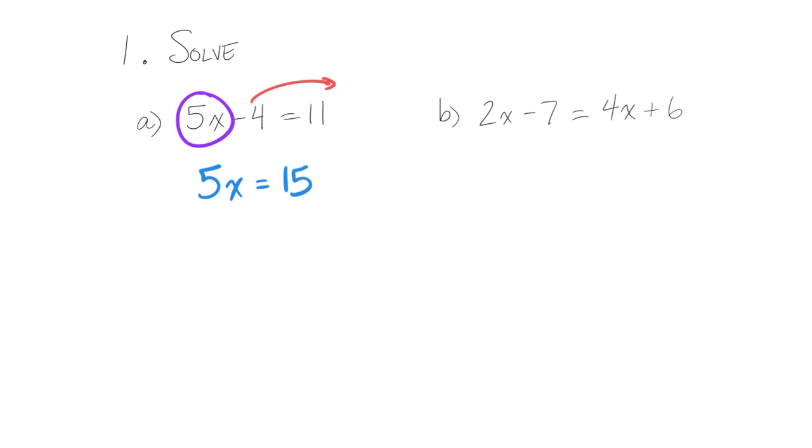Now it's my job to try to isolate the variable. So that means I have to get rid of its coefficient. I have to get rid of a times by 5. We should be good. To get rid of a times by 5 means I divide by 5. There's my 3. I would love it if you showed those two blue steps.